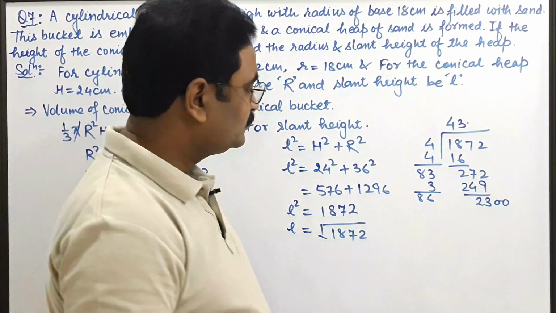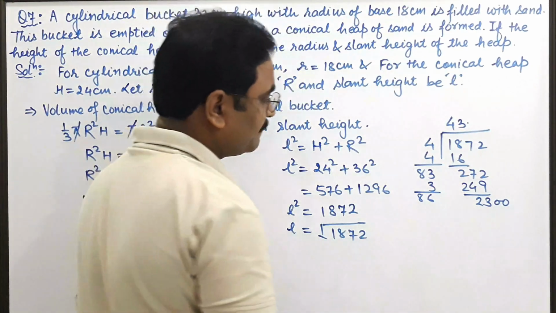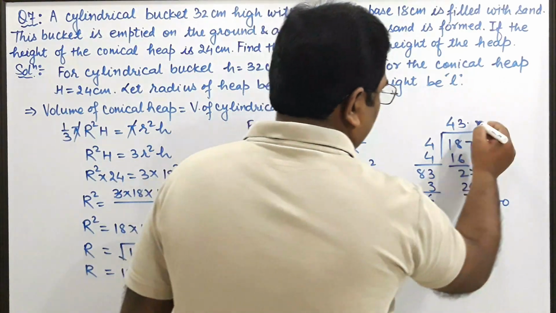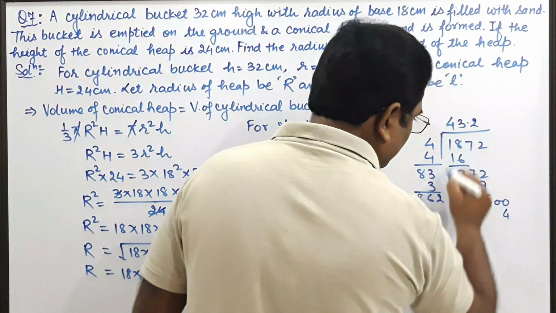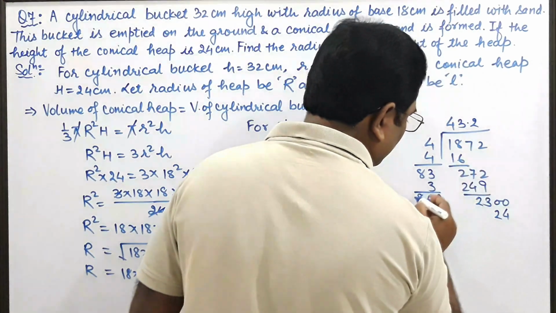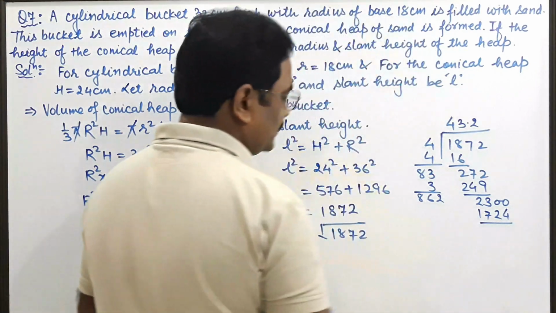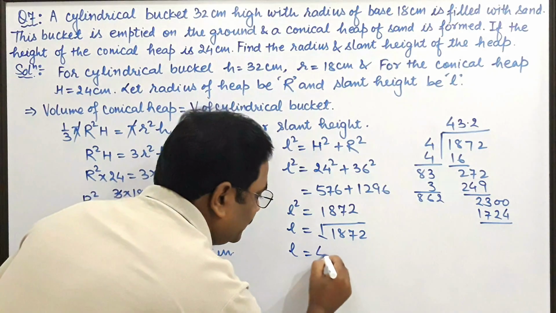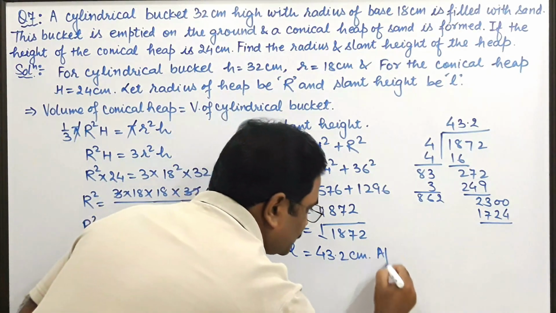After that we can take 2 2s are 4, 2 6s are 12 and 2 8s are 16, 1 17. So near about the value of slant height is equal to 43.2 centimeter approx.